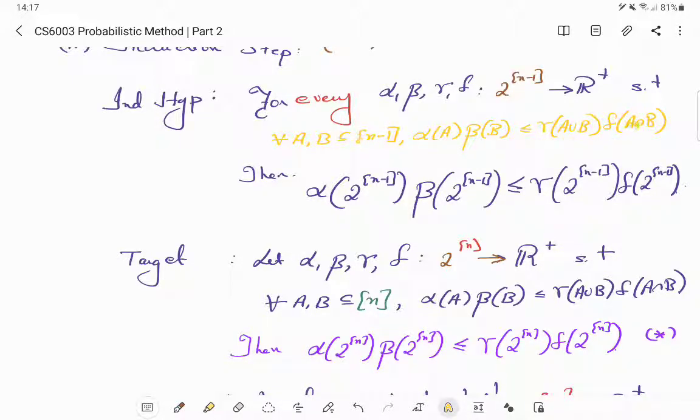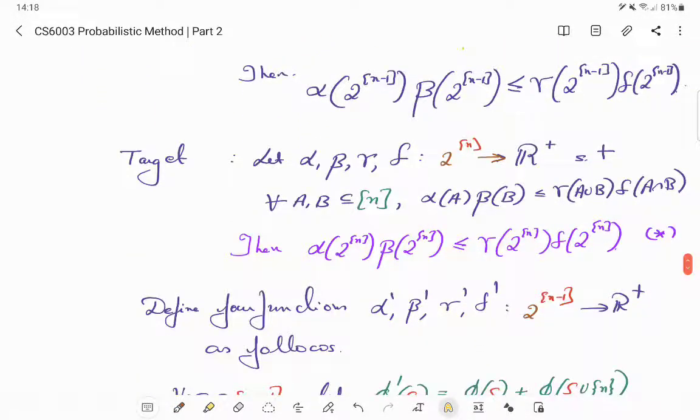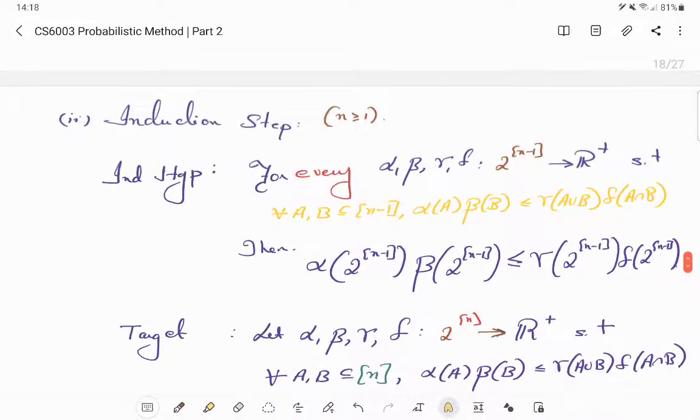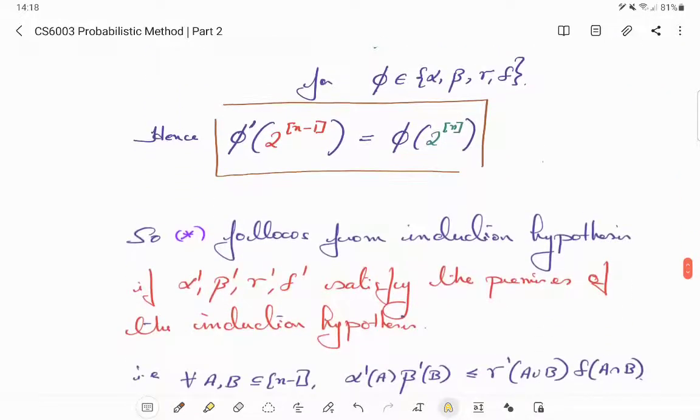If this premise is true, then because of the induction hypothesis, this conclusion is true, for which 4 functions? For alpha prime, beta prime, gamma prime and delta prime, and that is precisely what we want here. So the rest of the proof is about proving the line in yellow, for alpha prime, beta prime, gamma prime and delta prime.